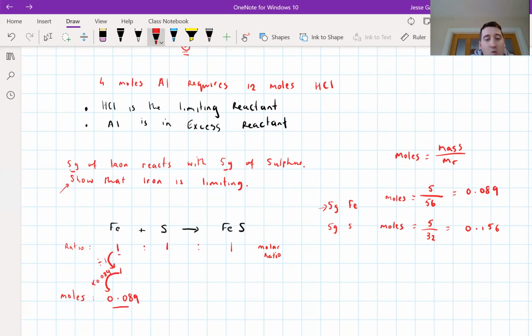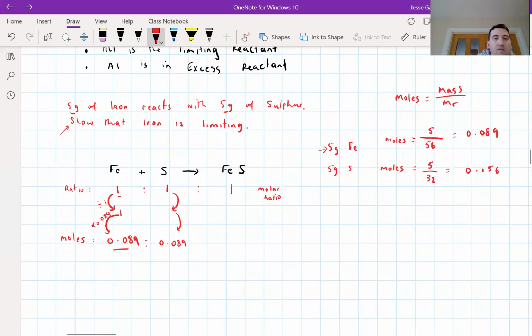Now, hopefully you can see it's a 1:1 ratio, so when we do the same thing over here, we're going to get the same number of moles, 0.089. So underneath, let's just clarify, 0.089 moles of Fe requires 0.089 moles of S.